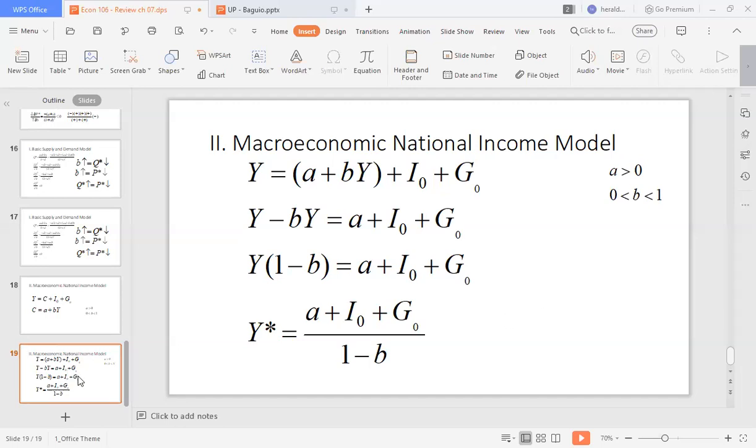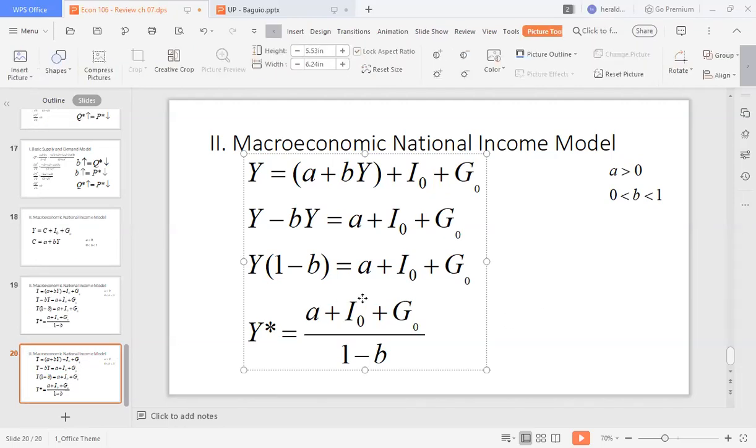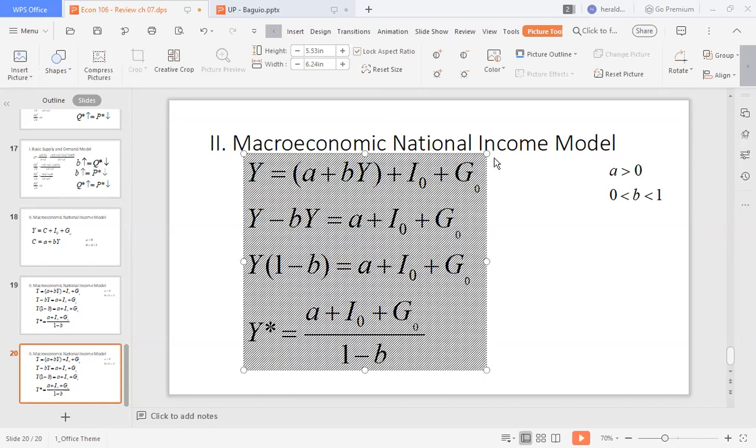Now, doing the same exercise for partial derivatives, we will need to solve for partial Y star over partial a.